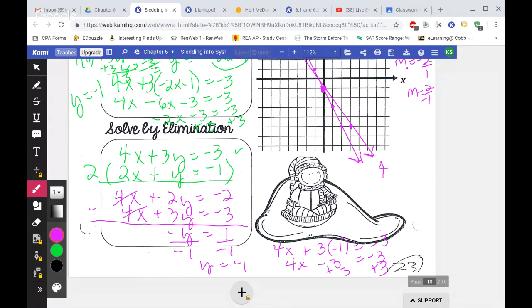So that gives me 4x equals 0. Divide both sides by 4, and x equals 0. So I get 0, negative 1 as the ordered pair for elimination, for graphing, and for substitution.